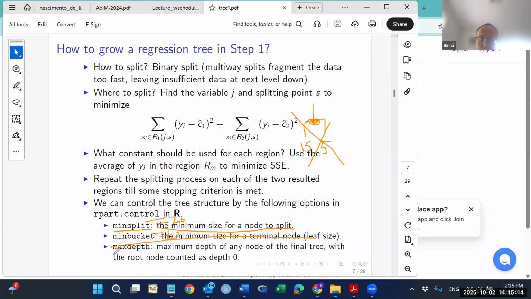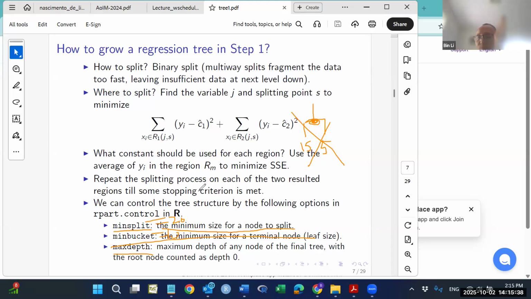And maxdepth is another one. It defines the maximum depth of a tree. So if you set the maximum depth to, let's say, 5, then after we reach depth 5 for this particular line, we stop here.